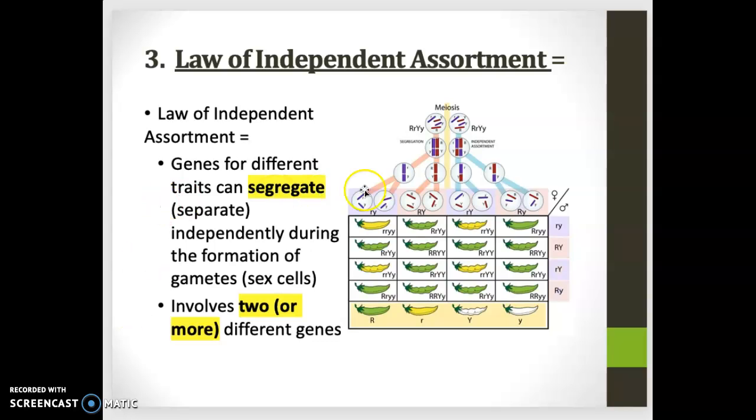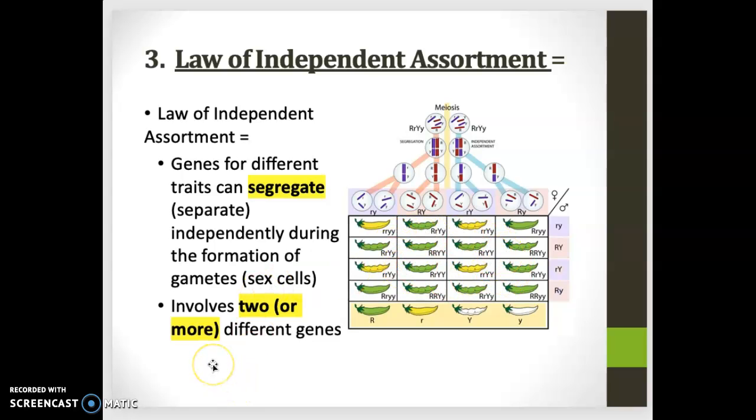So if we look over here, if we have two different traits that we're looking at, two different sets of genes, when independent assortment takes place, you can see all the different possible combinations that can end up in the sex cells. And then all the possible combinations of those sex cells meeting up are shown here with the offspring.